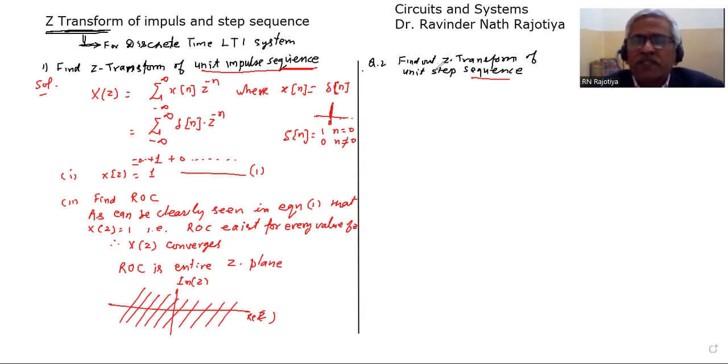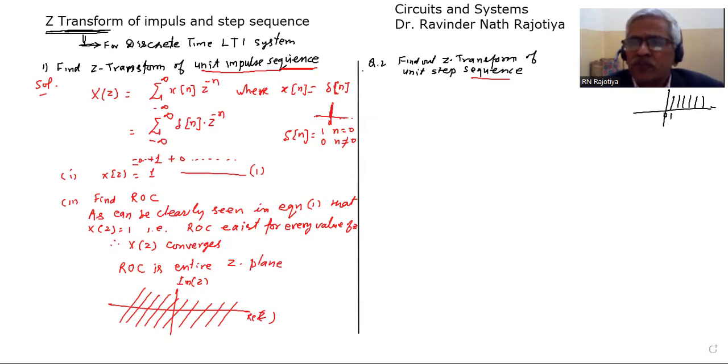Let's see the second one. Now for the unit step sequence, you know what the unit step sequence is? It is for n equal to 0 and beyond on the positive side.